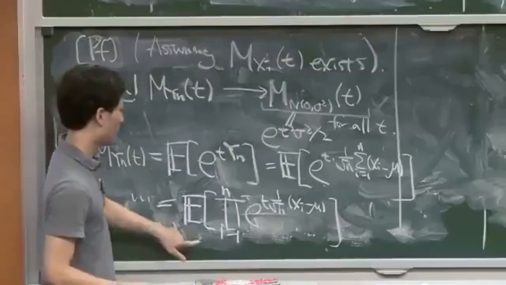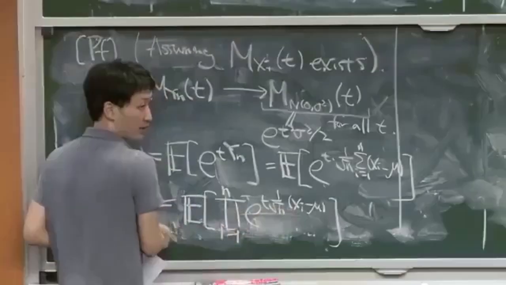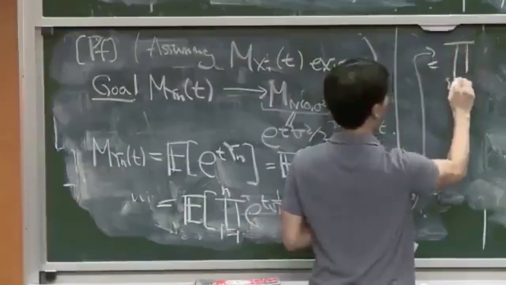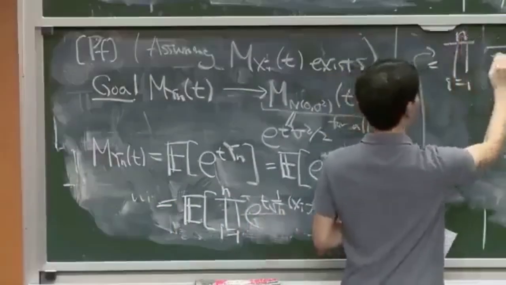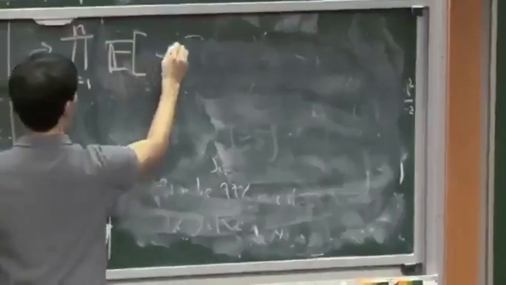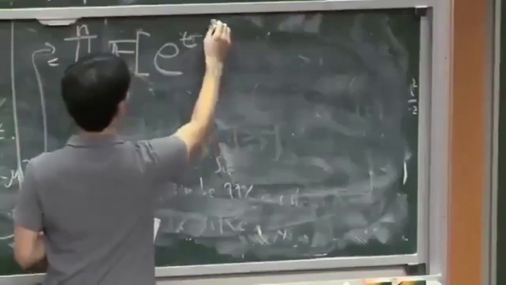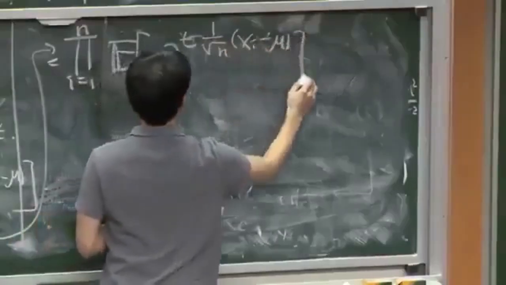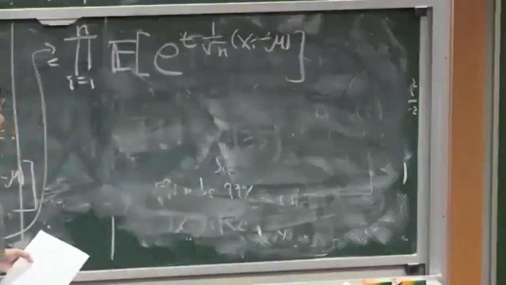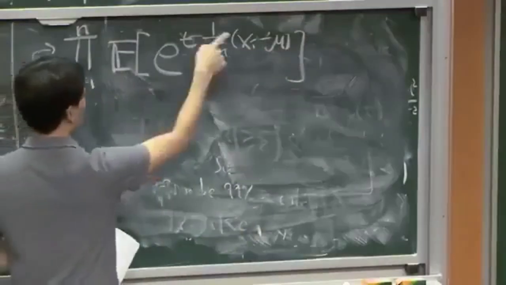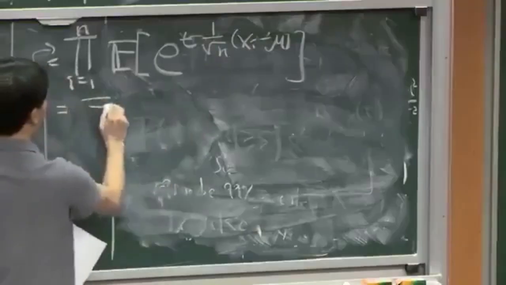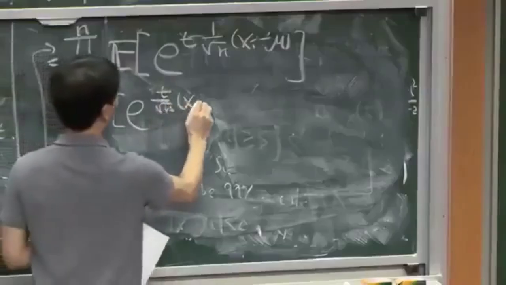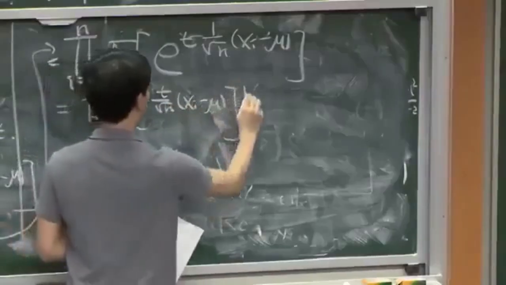And then because each of the Xi's are independent, this product can go out, equal to the product from 1 to n of the expectation of e to the t over square root n, Xi minus mu. Now they are identically distributed, so you just have to take the nth power of that. That's equal to the expectation of e to the t over square root n, Xi minus mu, to the nth power.